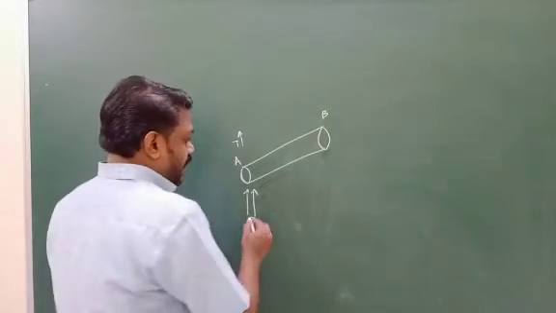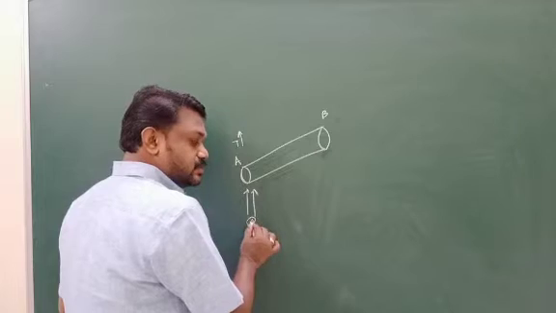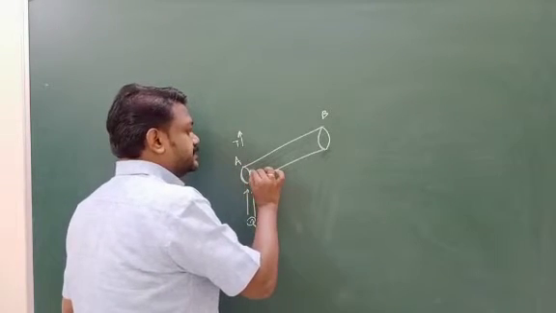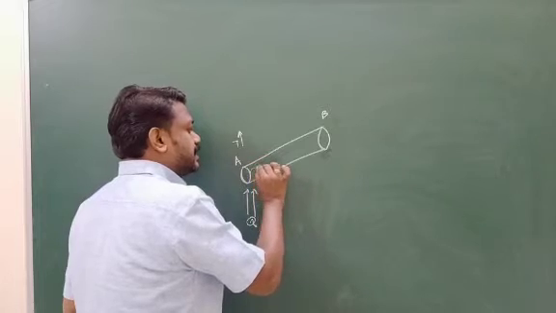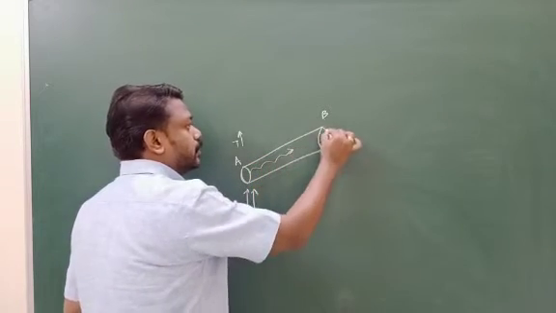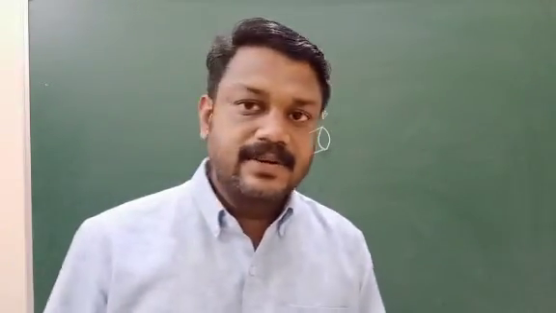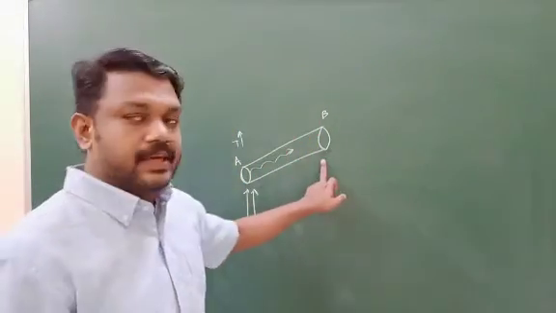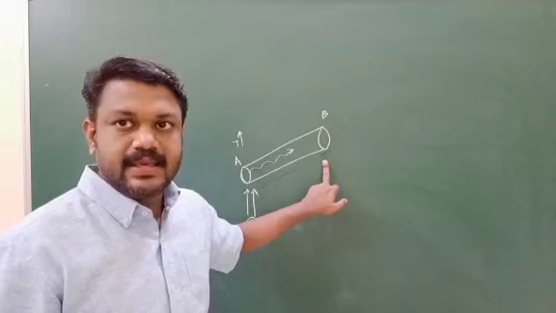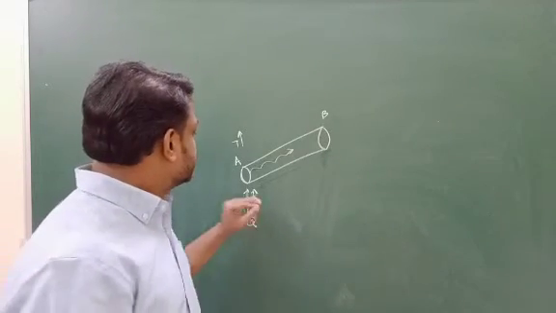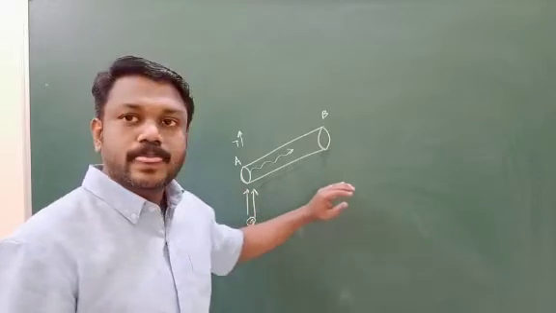The reason is, as you supply heat energy to end A, this heat energy can be transferred to point B also. That means heat can be transferred from end A to end B. Through which method is it happening? That is the method of conduction. Through conduction, heat is transferred from point A to point B.